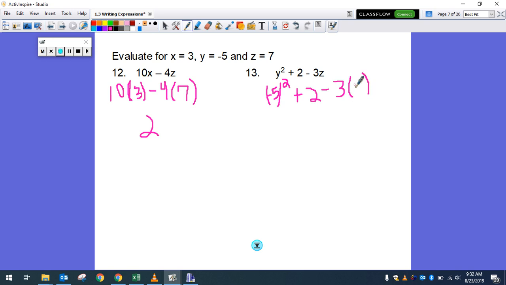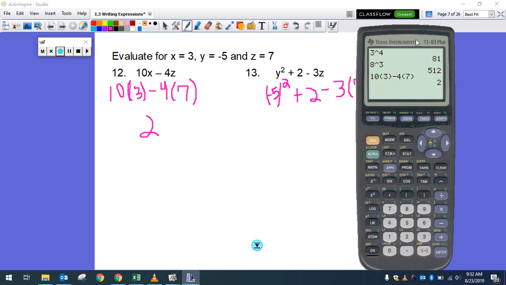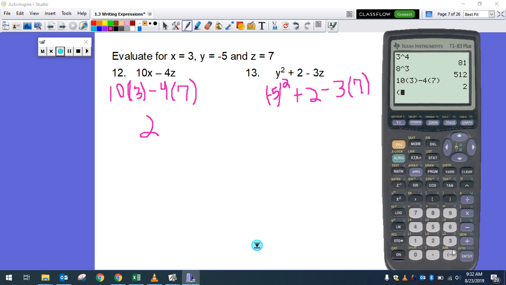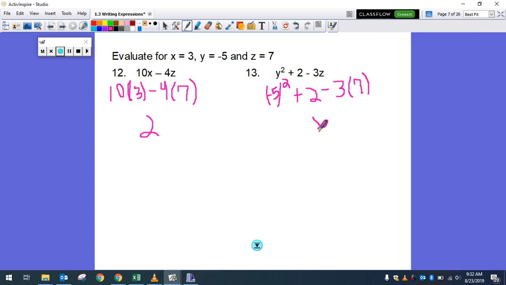And z is 7. So let's type this in. In parentheses, I'm going to have negative 5. And it's to the 2nd power. Plus 2. Minus 3. And then in parentheses, I'm plugging in the 7. And you get 6. So that answer is 6.